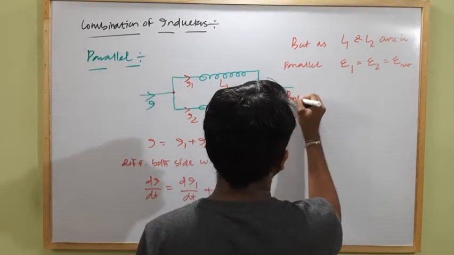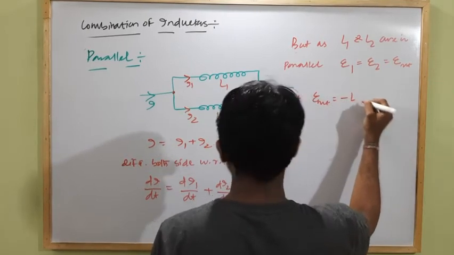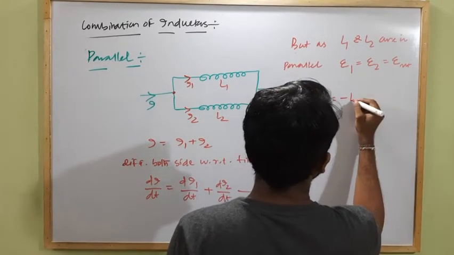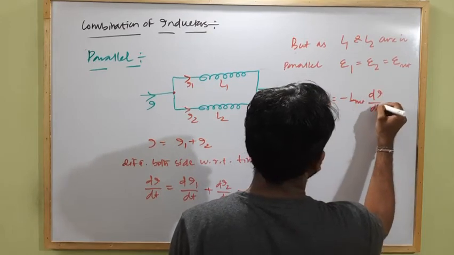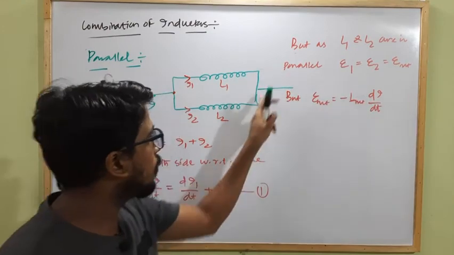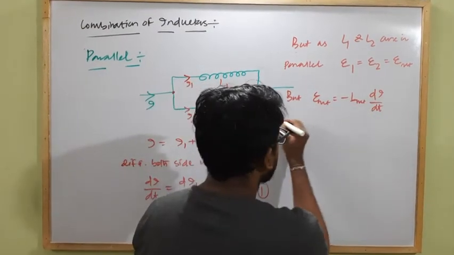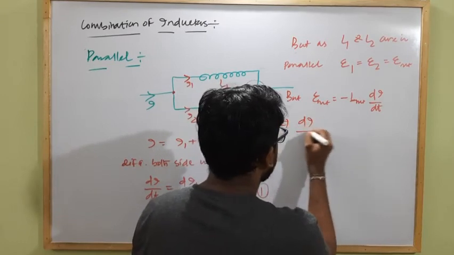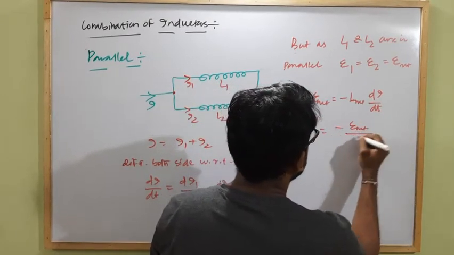But what is E net? E net will be minus L net into di by dt, the net inductance of the complete system into the total change in current. So from this, di by dt is minus E net by L net.